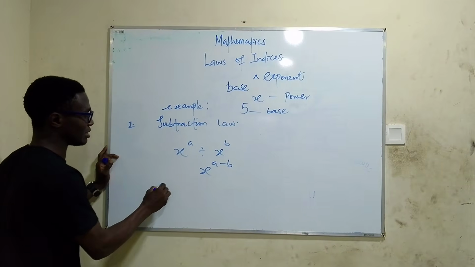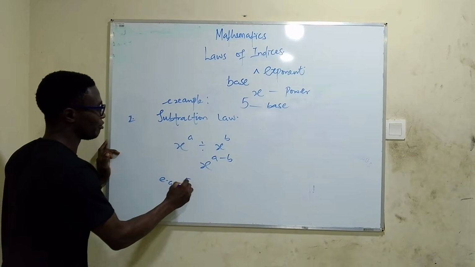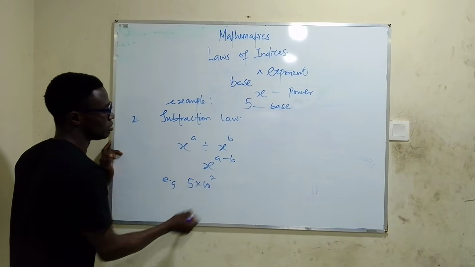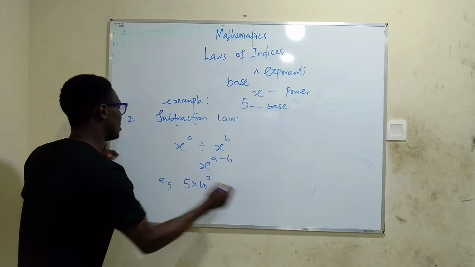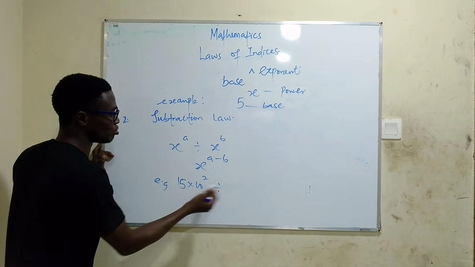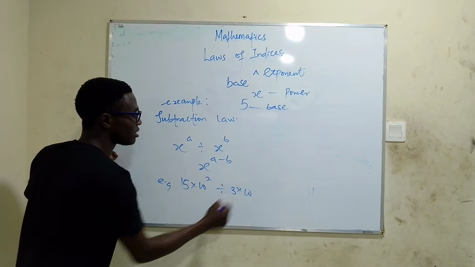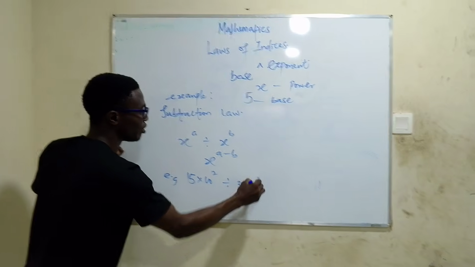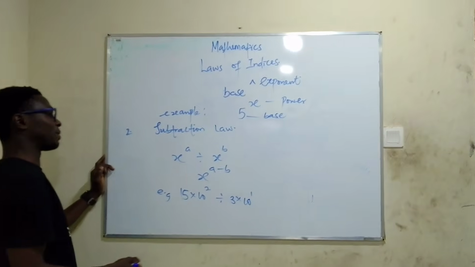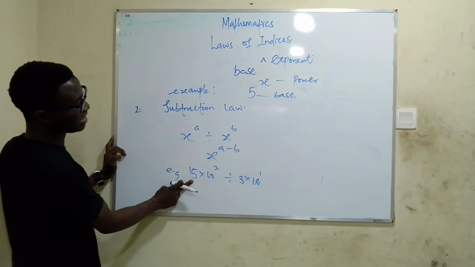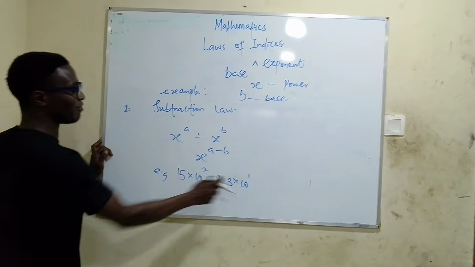Let's take, for example, 15 times 10 raised to power 2 divided by 3 times 10 raised to the power of 1. 15 is a coefficient, 3 is a coefficient.